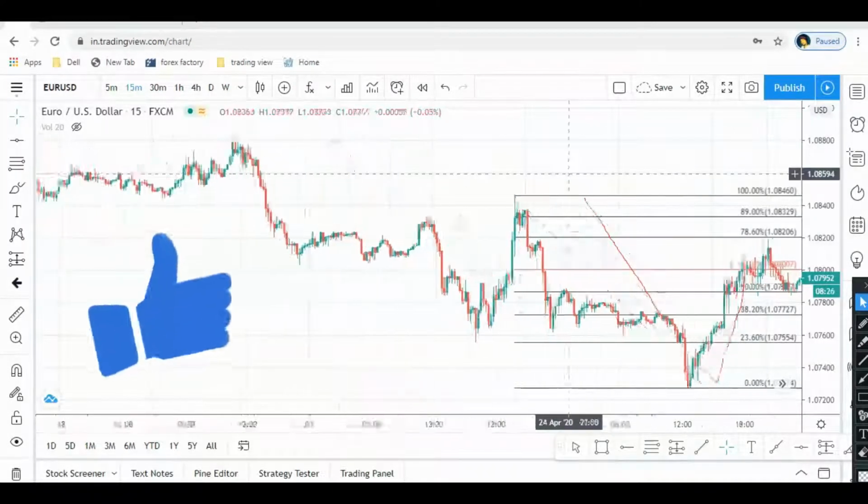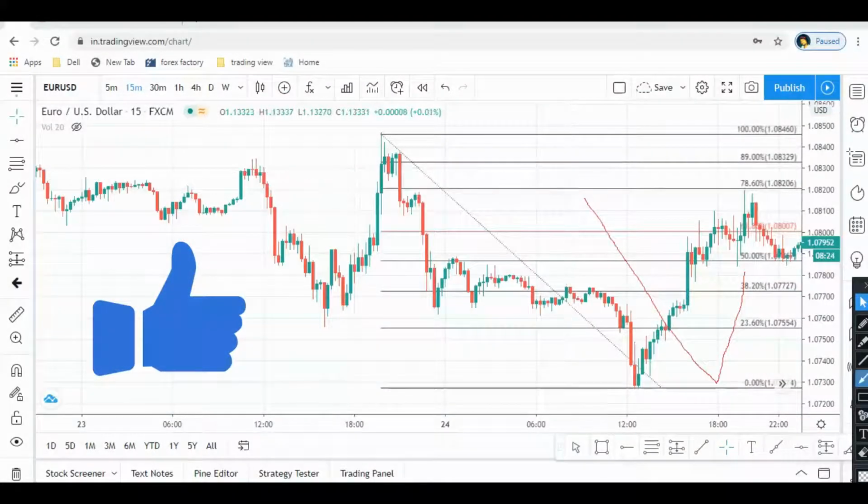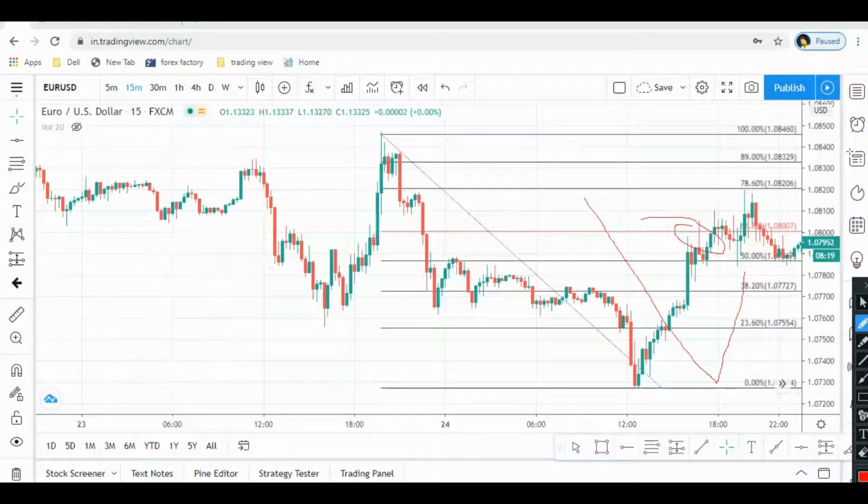Let me zoom out, then you will find out. As you can see, price exactly touched this area, and we cannot blindly trust 61.8, because we just have to find out the exact area where the price has reversed, or just next to that we could find any support or resistance.